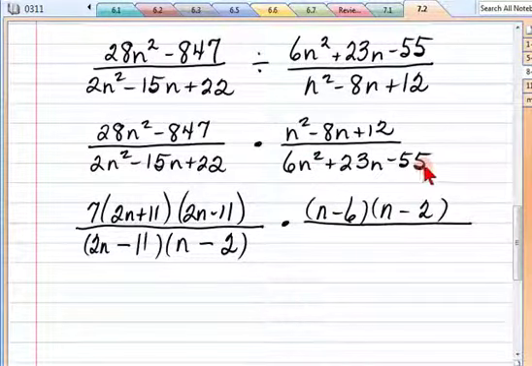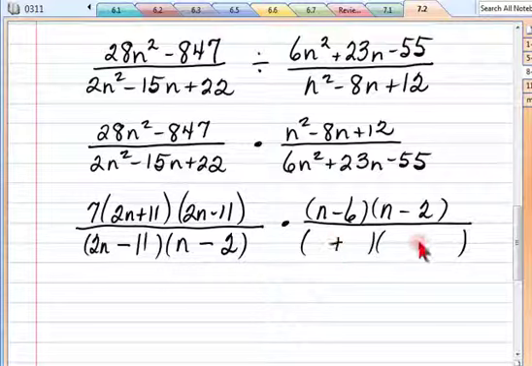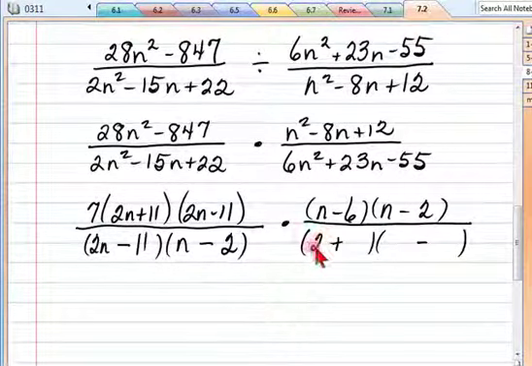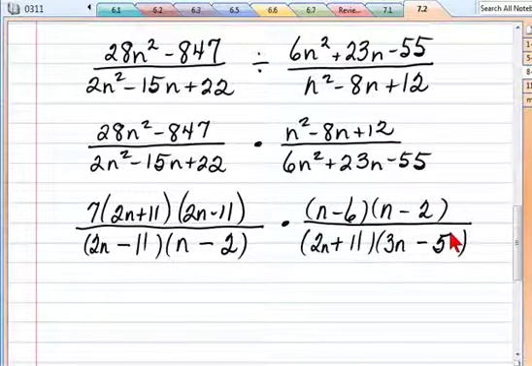This denominator, there are quite a few possibilities, and I am going to save us a little time. We know that the last sign is negative, so I need one plus and one minus, and I will get 2n plus 11 and 3n minus 5. There were probably quite a few possibilities there.